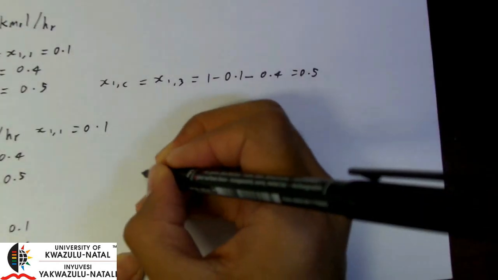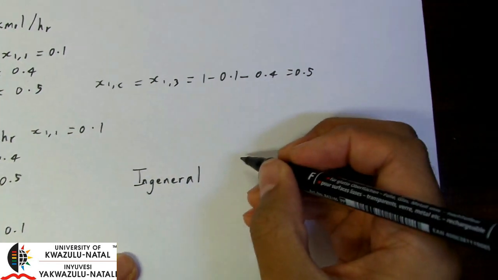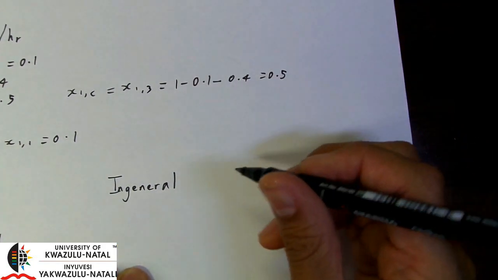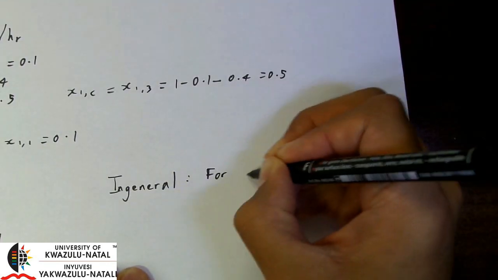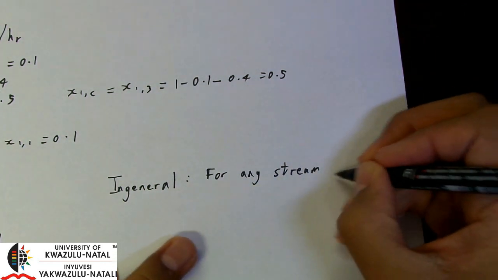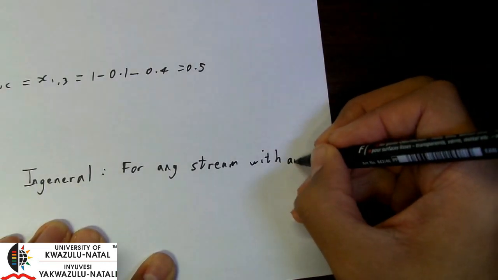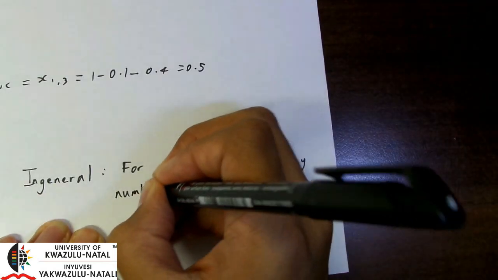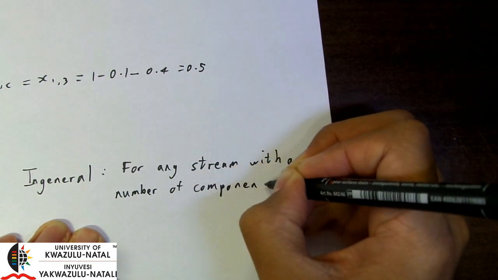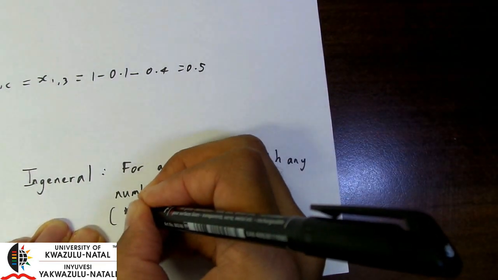Note that in general, for any stream, any kind of stream that you can think of, okay, for any stream with any number of components, let's say for example S components.